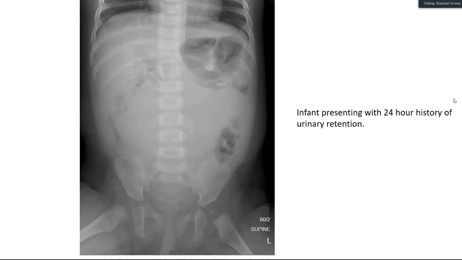The stomach appears to be normally dilated, and no kidney shadow is seen on this current image, and a few linear lucencies are seen in the right mid and lower abdomen.